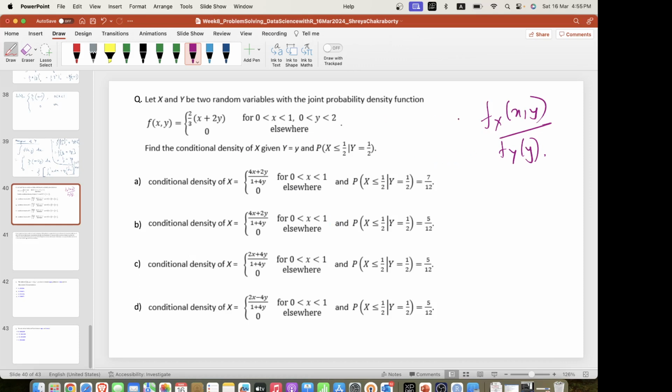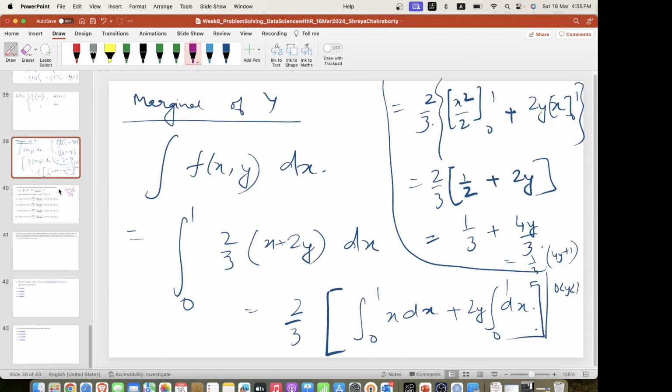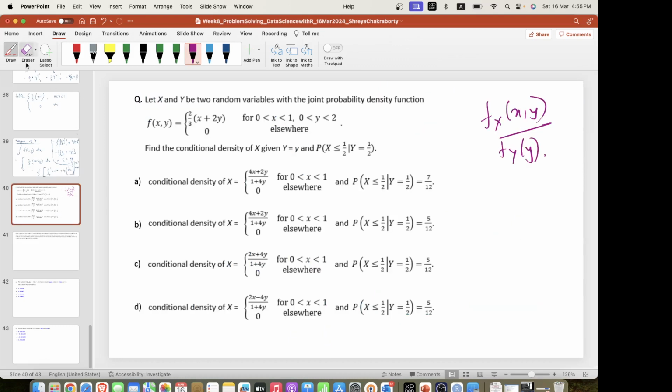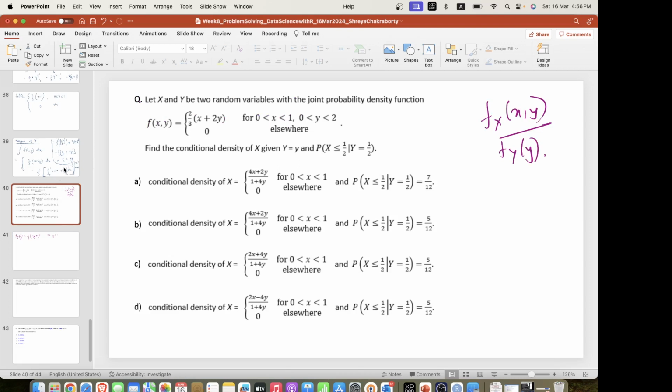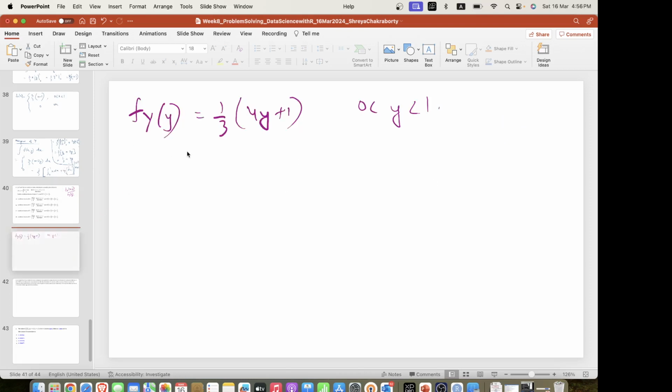So, f(x,y) is this thing and f_Y(y) is how much? We just calculated. So, f_Y(y) is 1/3 (4y plus 1), 0 less than y less than 1. Okay, and f(x,y) is 2/3 (x plus 2y).